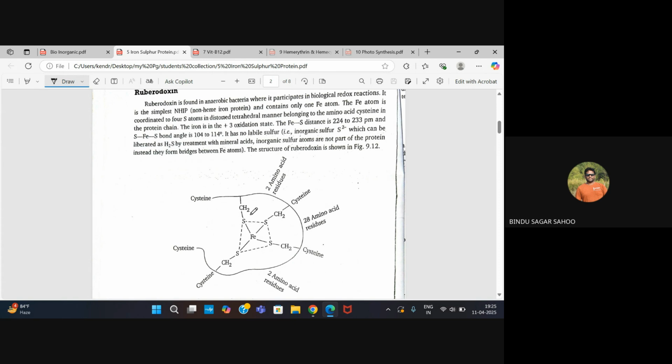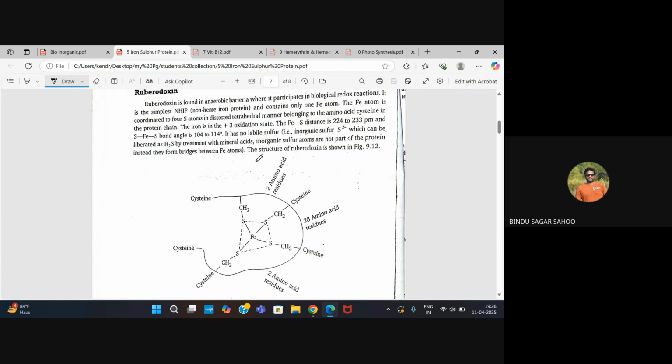When sulfur is present in between two metal atoms and doesn't come from any amino acid, we can say this is inorganic sulfur. But here there is no inorganic sulfur, only organic sulfurs. You can see it forms a distorted tetrahedral structure, and in the middle the iron oxidation state is +3.